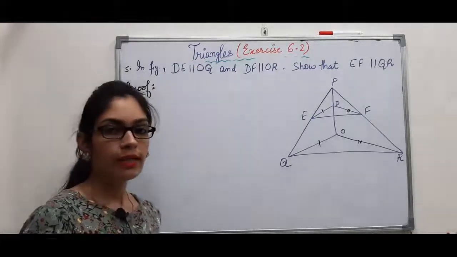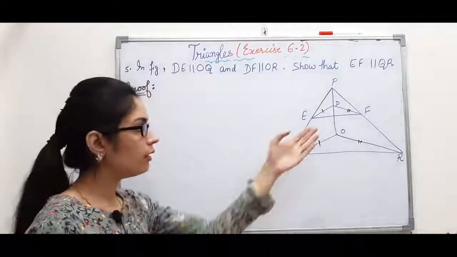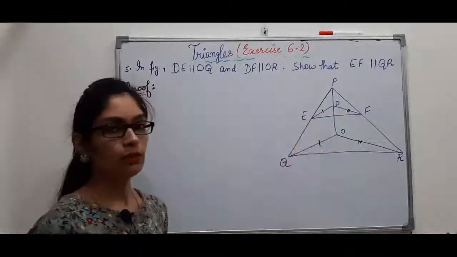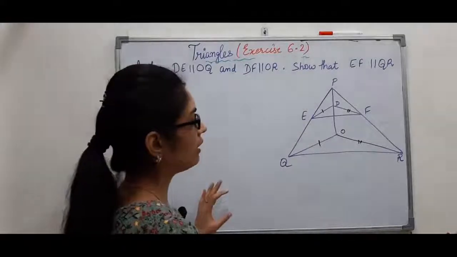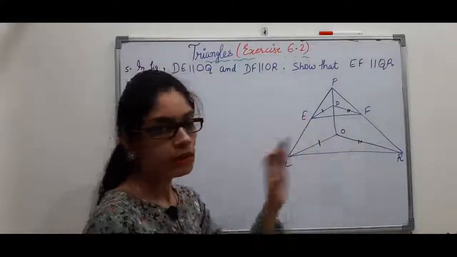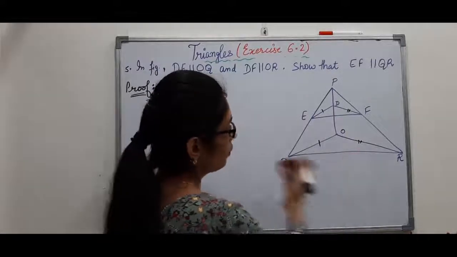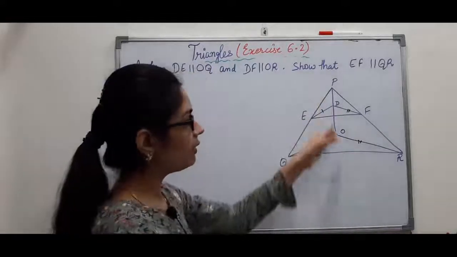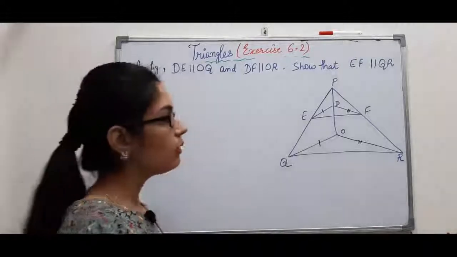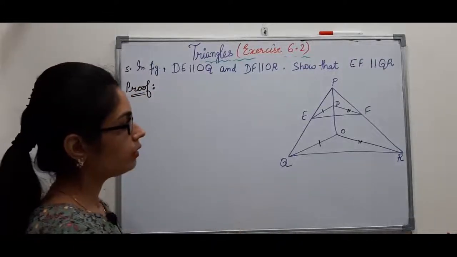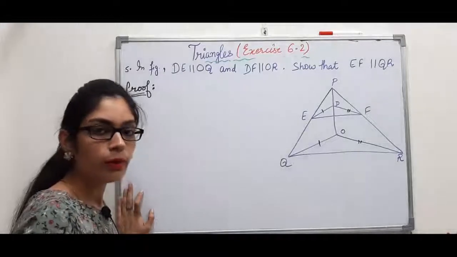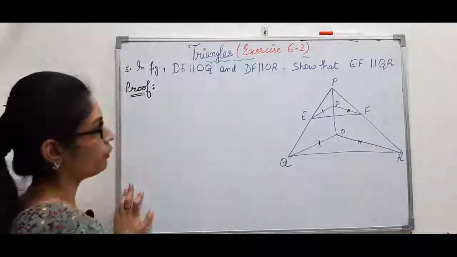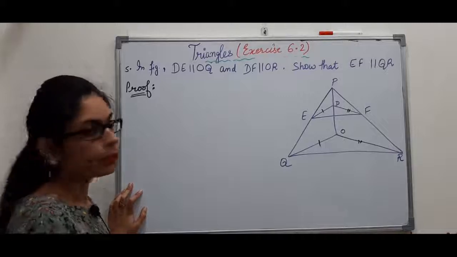First of all, if any lines are given parallel like this, it's very much sure that we can directly use BPT, the basic proportionality theorem. In this question, you can draw a rough sketch if you want, but this is very clear, so we can directly use the result. In the same way, you have to write what is given, what you have to prove, and then start the proof. So I am directly starting the proof now.